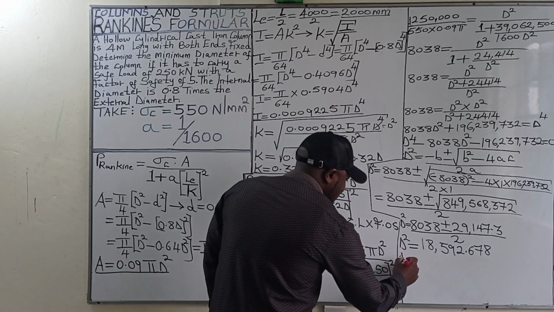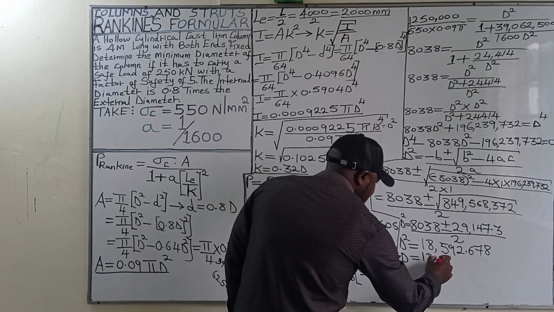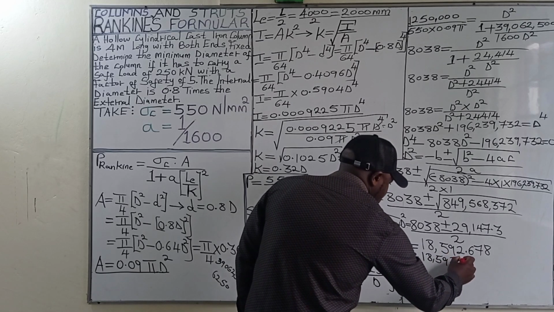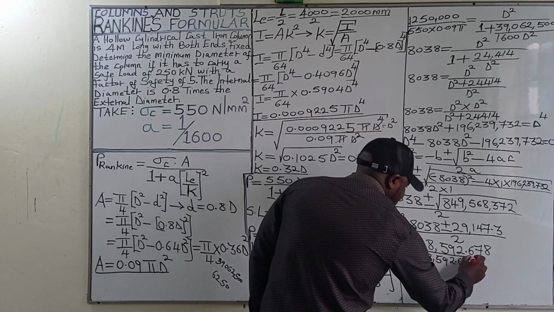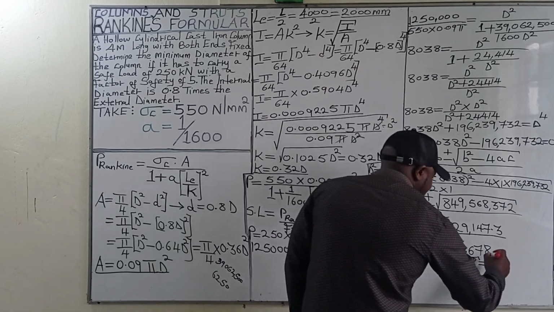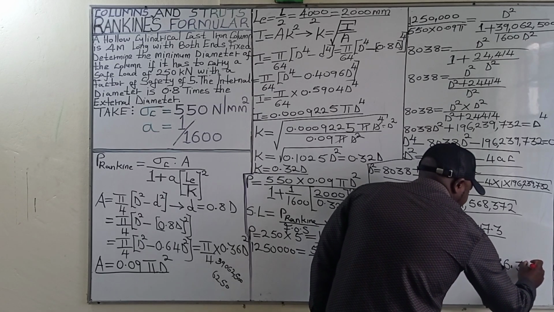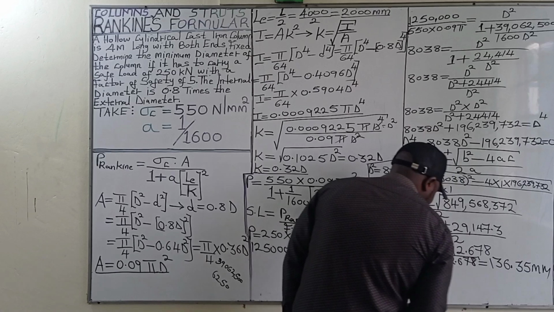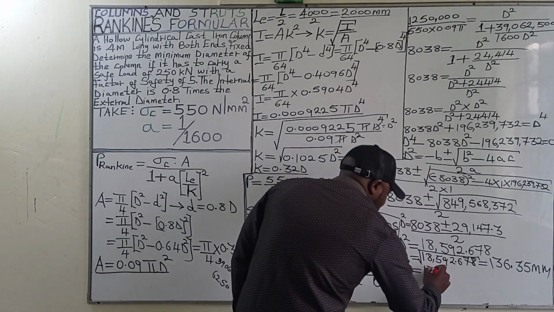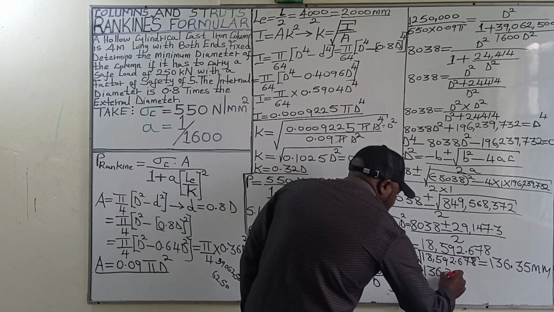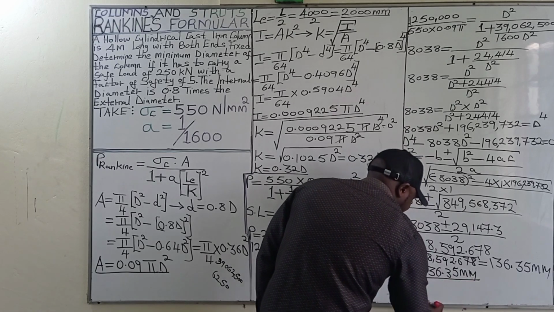So to get the value of d, we are going to find the square root of 18,592.678. So when we determine the square root of that, we are going to get it as 136.35 millimeters. Therefore, the value of the external diameter will be 136.35 millimeters. So that is the external diameter.